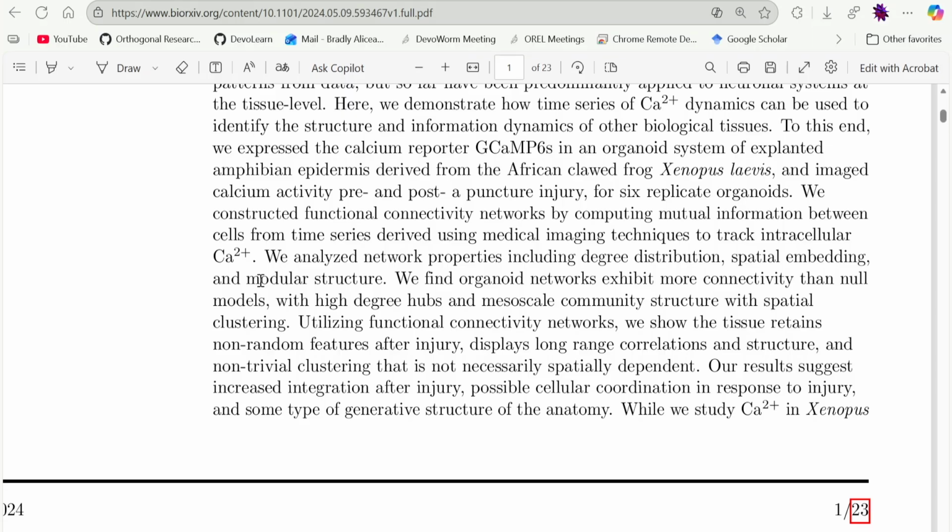We find organoid networks exhibit more connectivity than null models, with high degree hubs, mesoscale community structure with spatial clustering. So this is where basically it's not random, it's non-random.